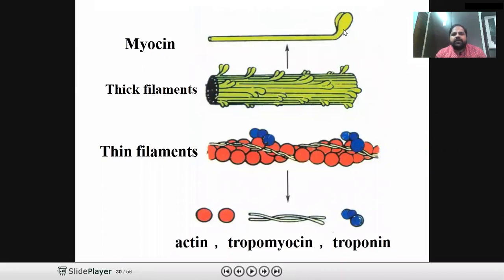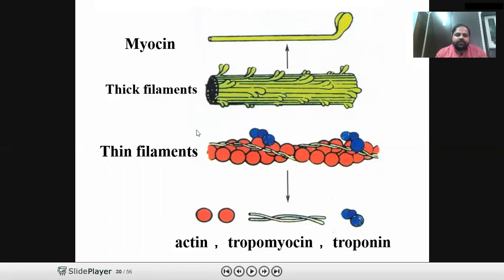So we can see these are the paired structures which form the myosin, and several of these myosin paired structures form the thick filament, and as I told, at the end of these filaments it protrudes out. So we can see several of these heads and cross arms protruding out from the main structure, and this protruded structure bearing the head has the ATP binding site and ATPase enzyme site.